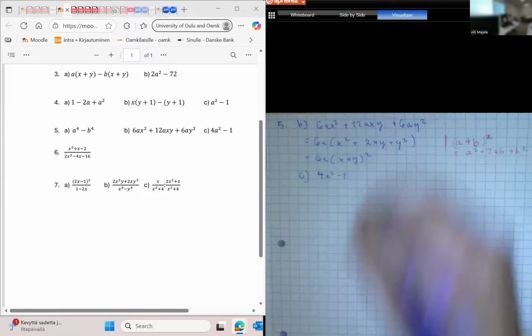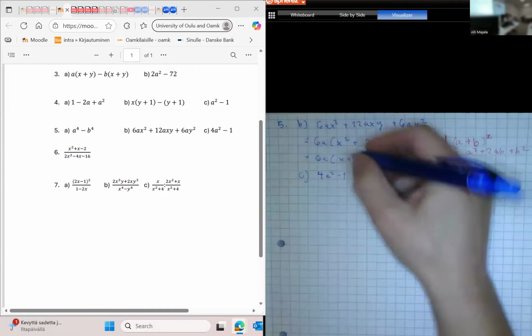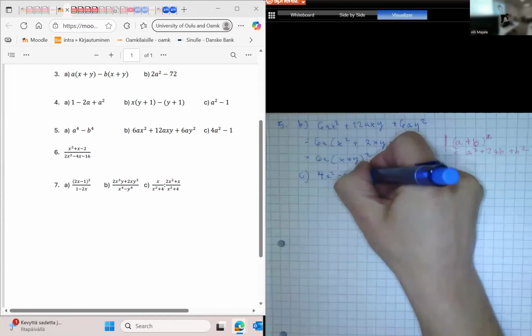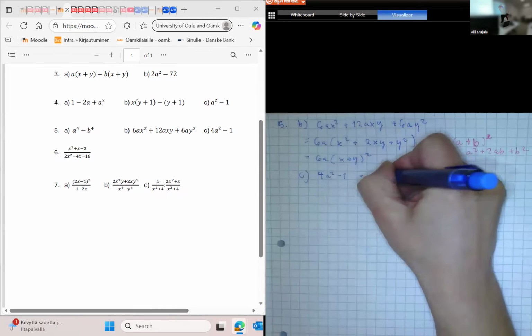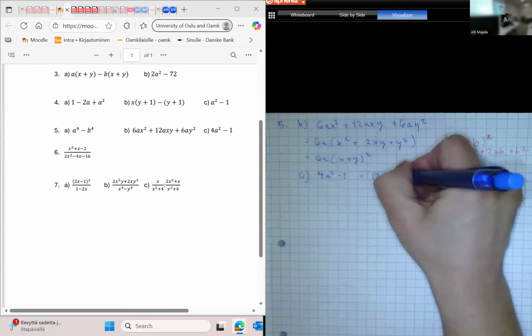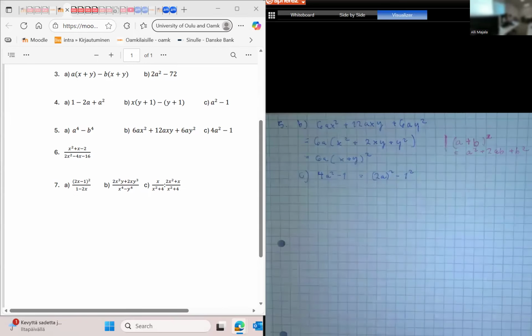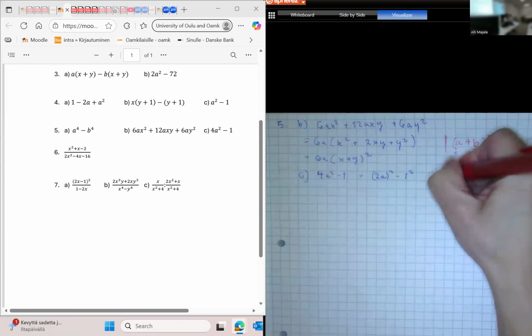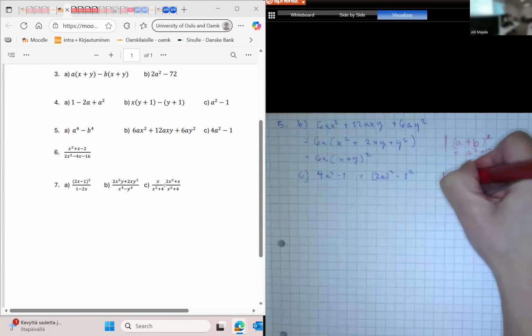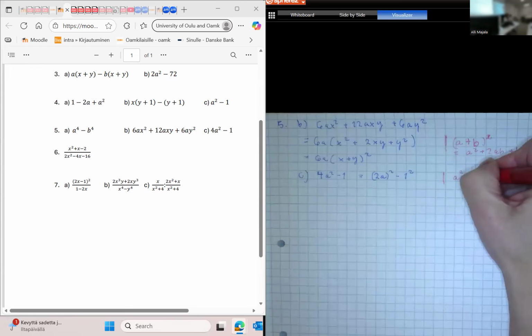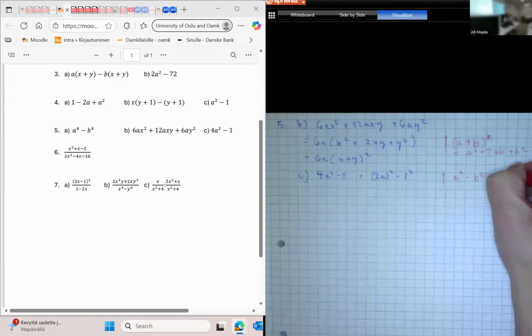This looks like something again, yeah? So this could be the same as 2a minus 1. Yeah. And then we have this dependency. A in the power of 2 minus b in the power of 2 is a plus b times a minus b.